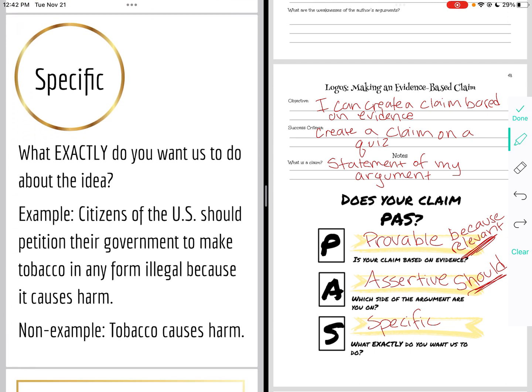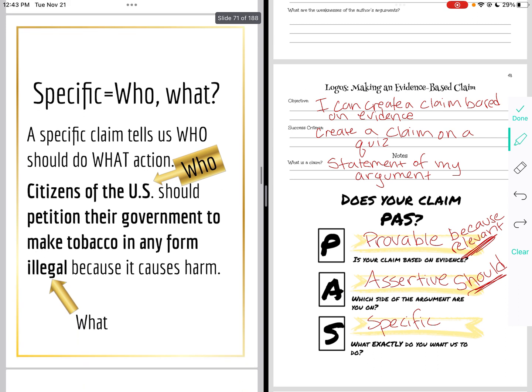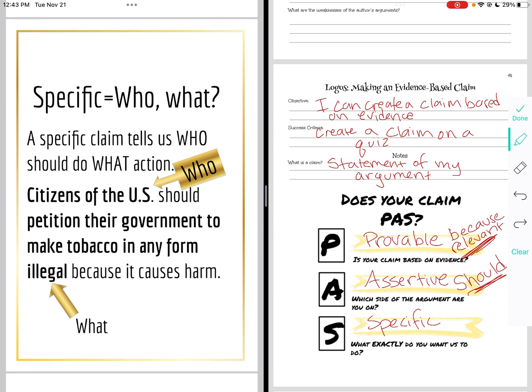Last, claims should be specific. What exactly do you want us to do about the idea? So for example, citizens of the United States should petition their government to make tobacco in any form illegal because it causes harm. A non-example: tobacco causes harm. So, as I'm looking at this, specific claims tell us who, citizens of the United States, and what, petition their government to make tobacco in any form illegal.